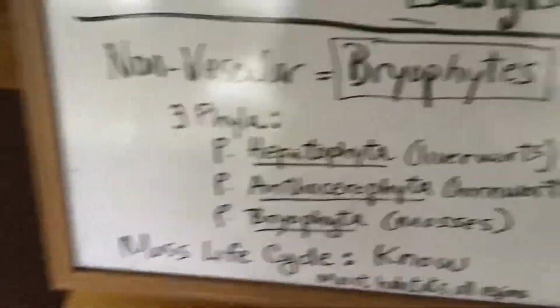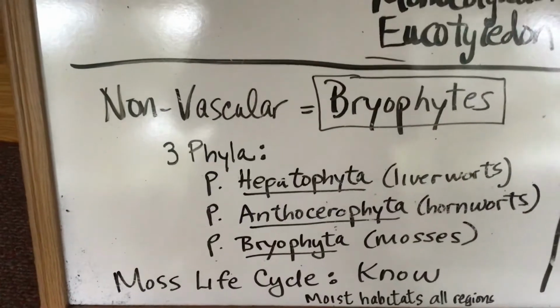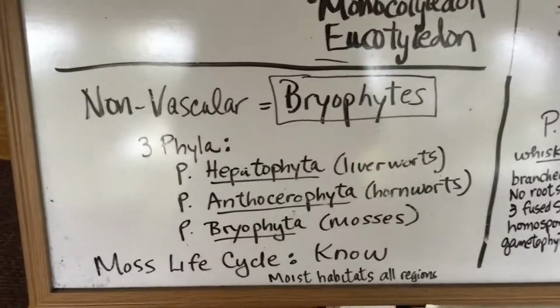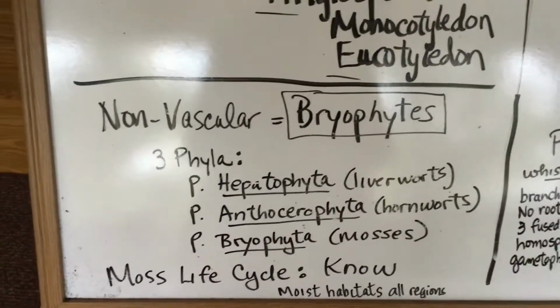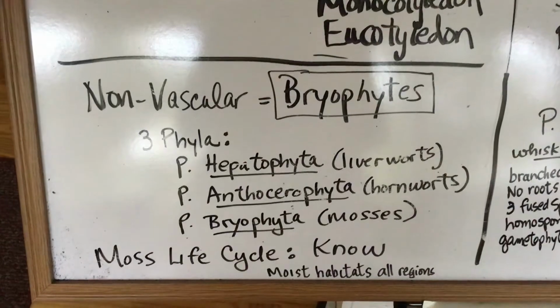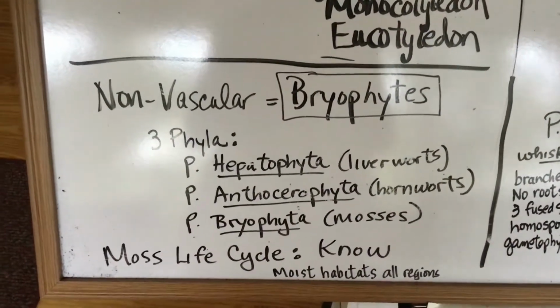Okay, so first of all, non-vascular plants, or bryophytes as they are sometimes called, have three phyla. The phyla are Hepatophyta, which are liverworts, not liverwurst, phylum Anthocerophyta, which are hornworts, and phylum Bryophyta, which are mosses.